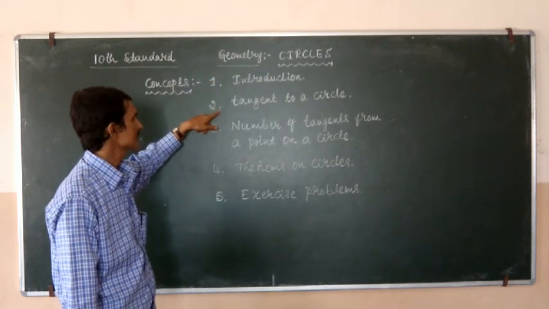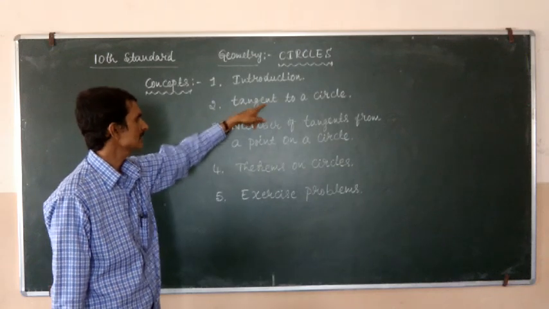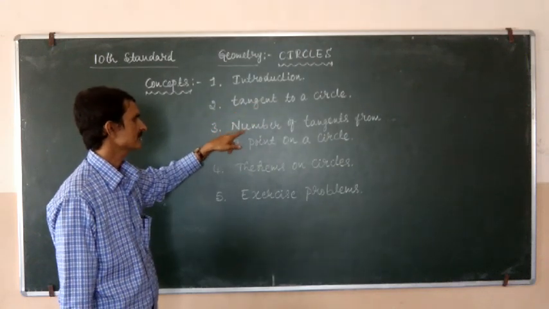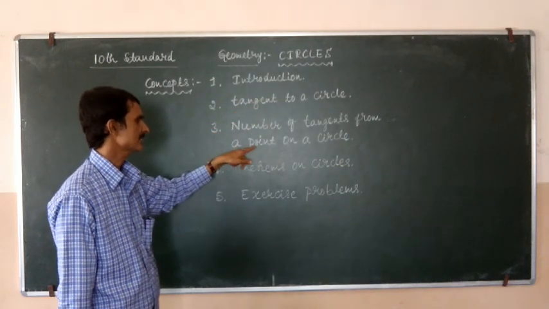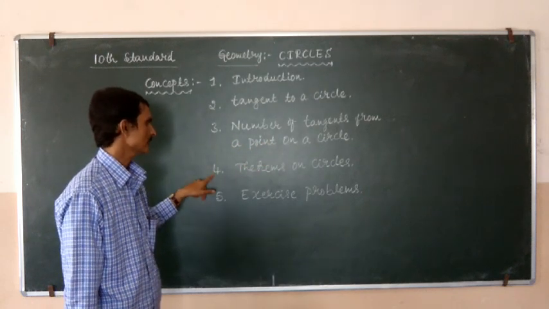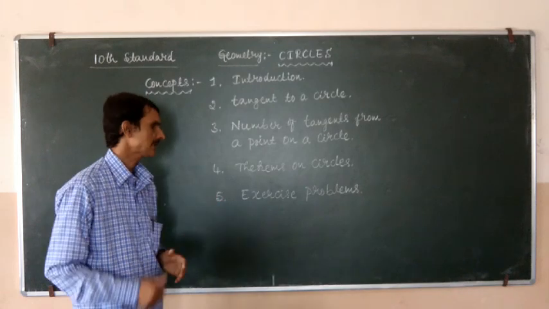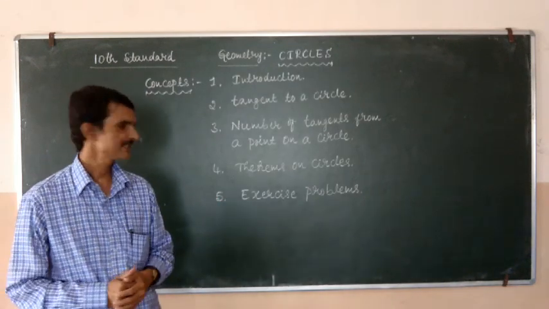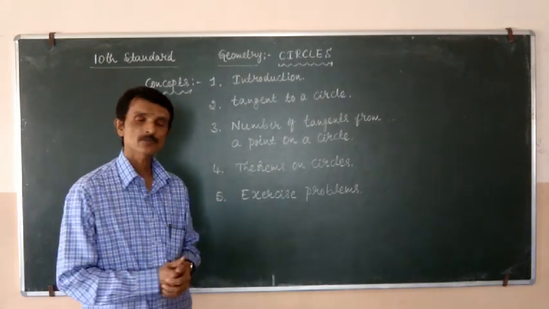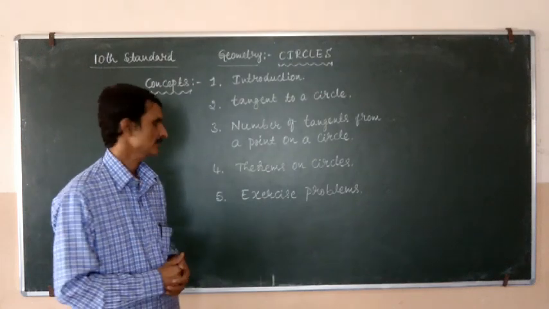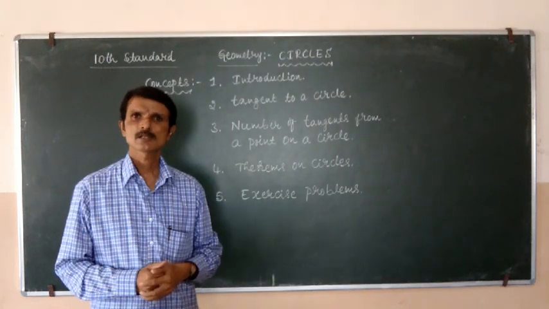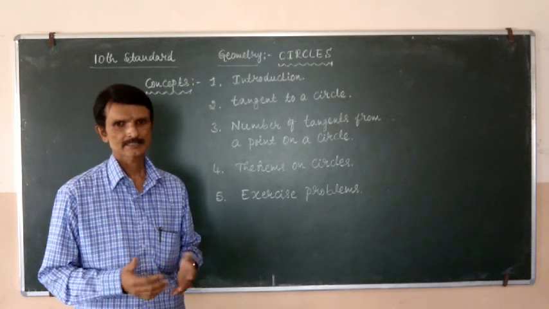The second concept is tangent to a circle. The third one is number of tangents from a point on a circle. The fourth one, theorems on the circles. And lastly, we are going to simplify or solve the exercise problems related to the circles.